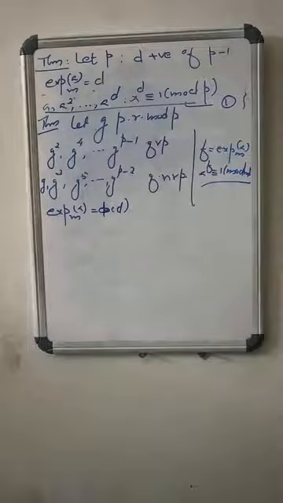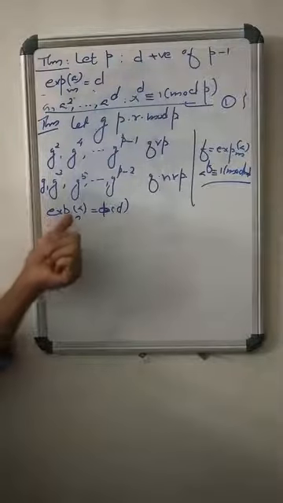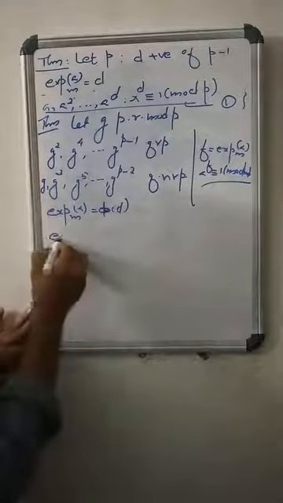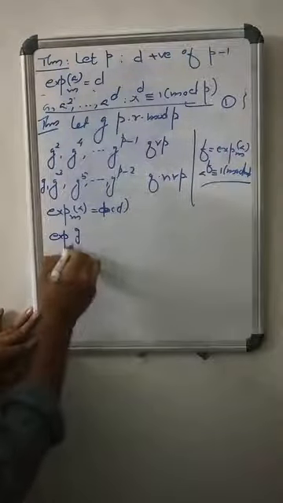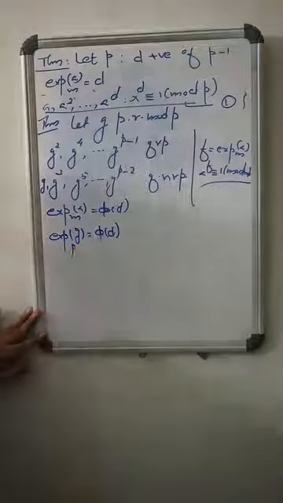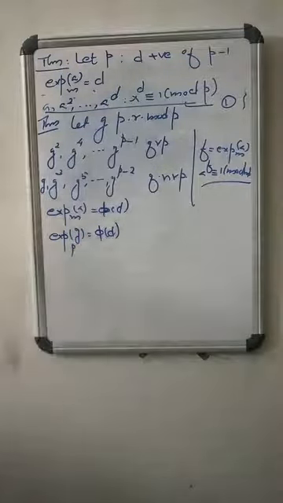Here, by the hypothesis, let g be a primitive root mod p. So the exponent of g mod p equals phi of d, where d is a positive divisor of p minus 1.